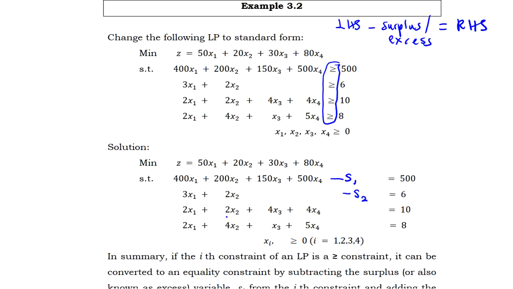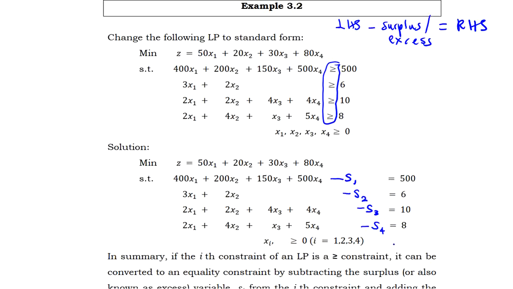Third constraint 2x1 plus 2x2 plus 4x3 plus 4x4 greater or equals to, so minus whatever surplus or excess that we have, so s3 equals to 10. And then the fourth constraint 2x1 plus 4x2 plus x3 plus 5x4 also greater or equals to, so we minus surplus variable s4 equals to right hand side, which is 8.